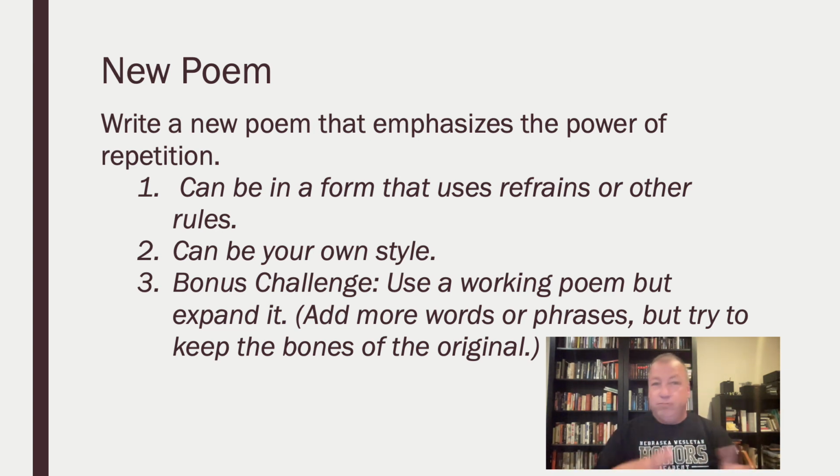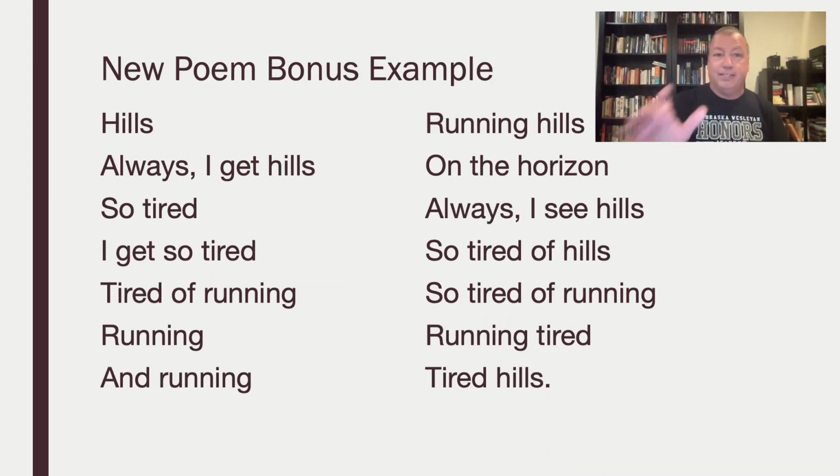Now, you can actually use your sentence as an inspiration too, but this bonus challenge will look kind of like this. So this is my poem, but I'm using the heart of my working poem, and I've added some things to try to bring up that theme about life.